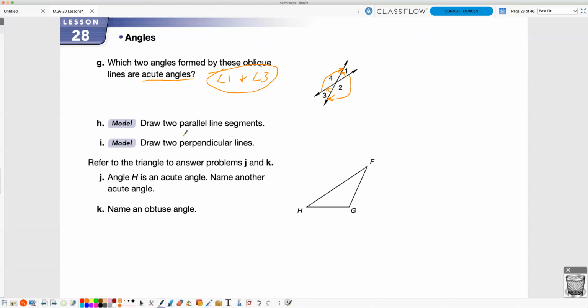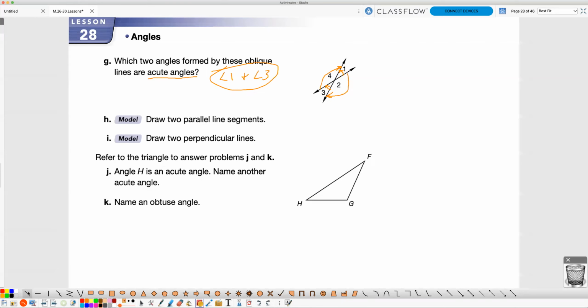Letter H, draw two parallel line segments. So let me just go back. Let's do this for you guys, since I can't see what you're going to draw here. I would like you to show me which two of these line segments are parallel. Let me use some straight line tools to just make it a little more neat.